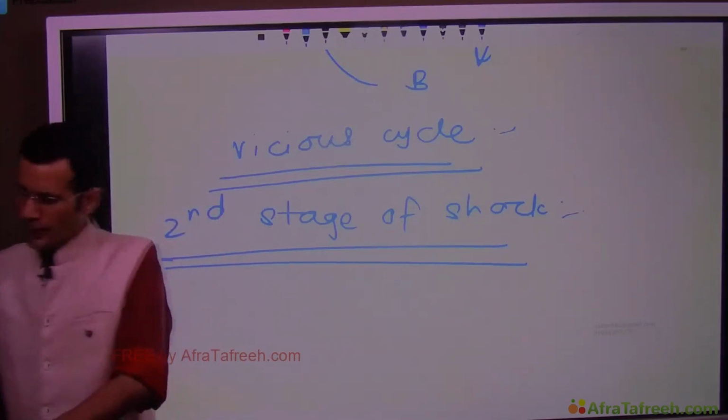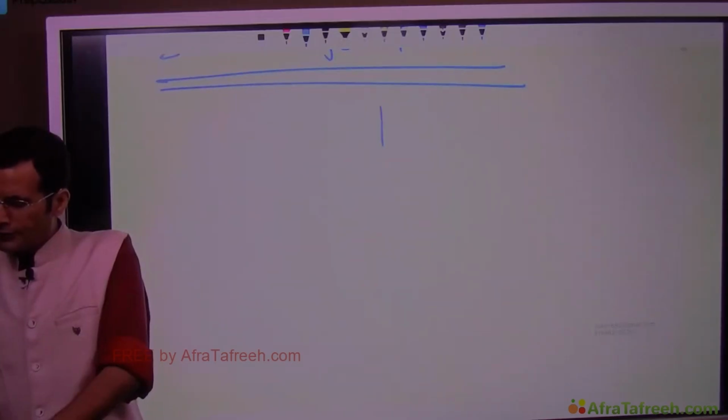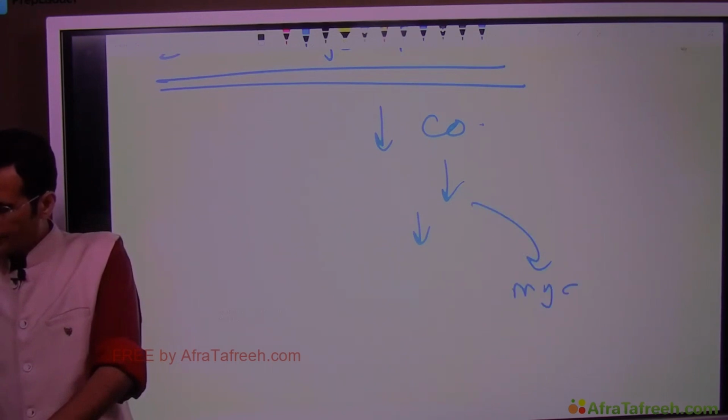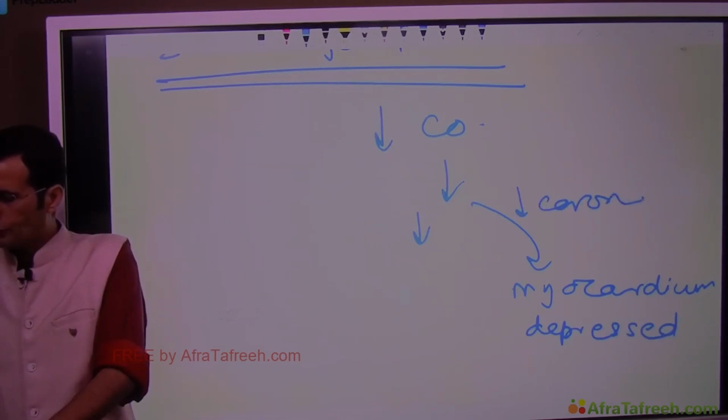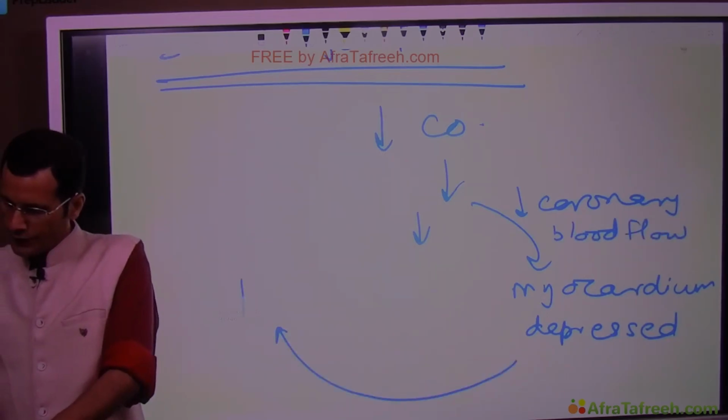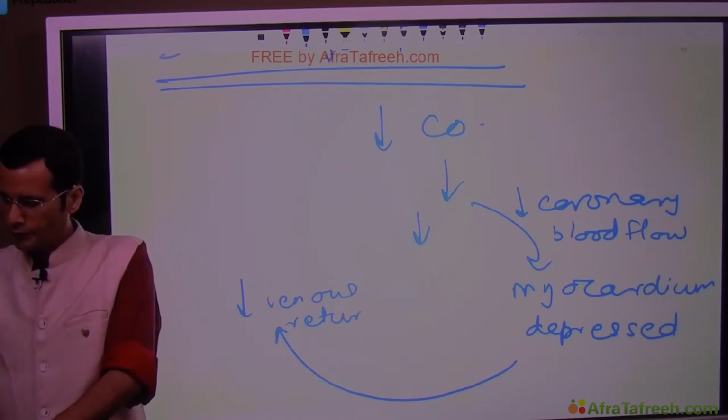For example, if there is decreased cardiac output, then the myocardium is depressed because less blood flows in the coronaries, decreased coronary blood flow, and because of that there is decreased venous return and further decrease in the cardiac output.